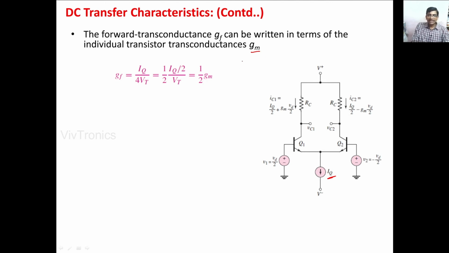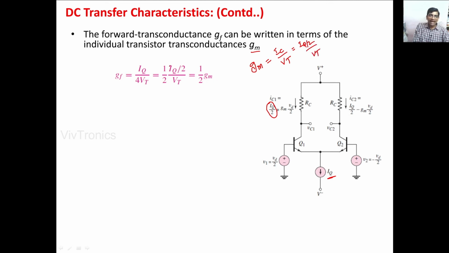So what is GM here? The transconductance gain GM will be equal to IC divided by VT. Here IC is the DC quiescent current, which will be equal to IQ by 2. Therefore, IC divided by VT is IQ by 2 divided by VT.